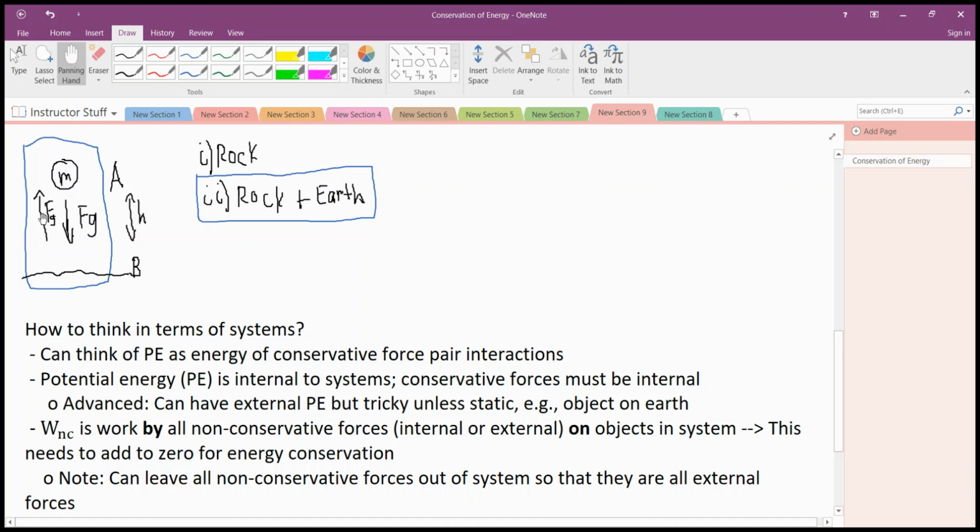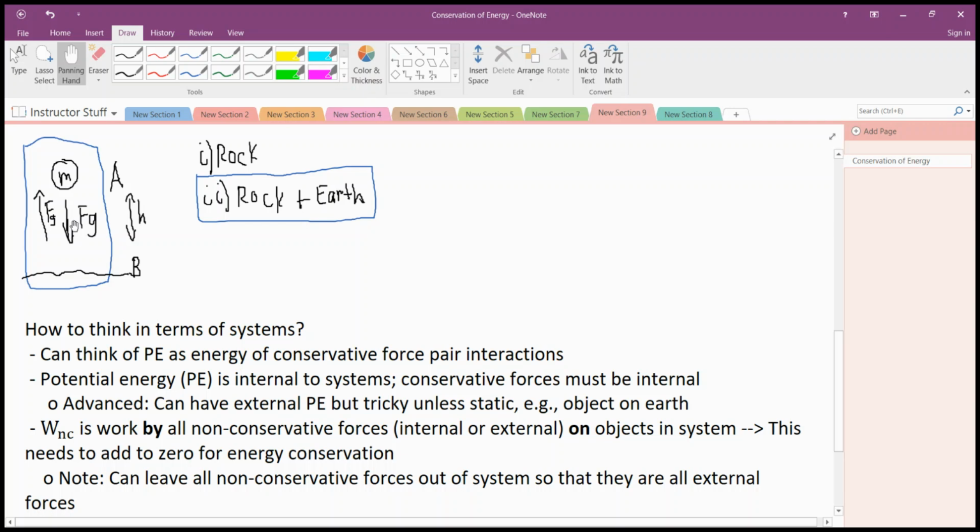They are internal forces. There are no non-conservative forces acting, whether inside or outside the system. And so the work done by non-conservative forces is zero. And so change of kinetic energy plus change of potential energy of the objects in the system must equal zero. And again, change of potential energy is a system property. It is the energy of a force pair interaction.